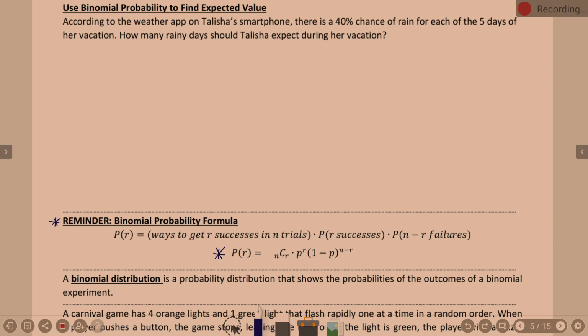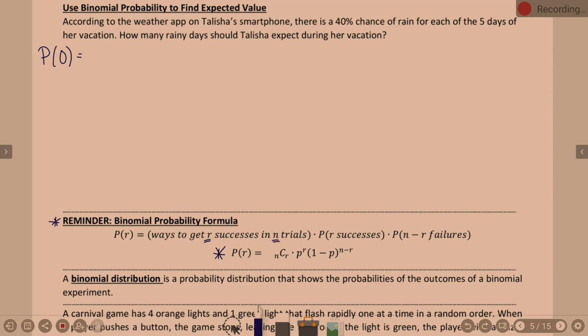So let's start with the probability that 0 days rain. Now, probability that 0 days rain out of how many days? Out of 5, yes? So in this case, ways to get R successes in N trials. So ways to get 0 successes in 5 trials.